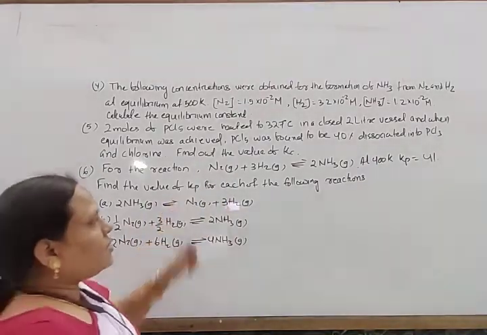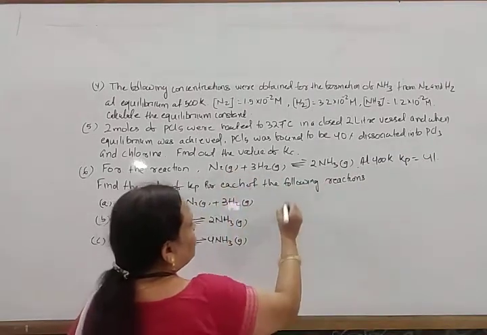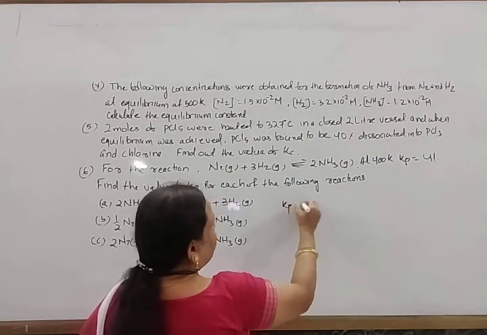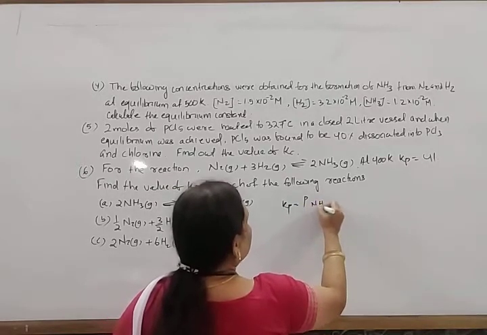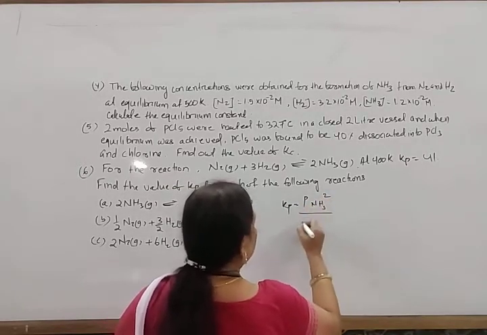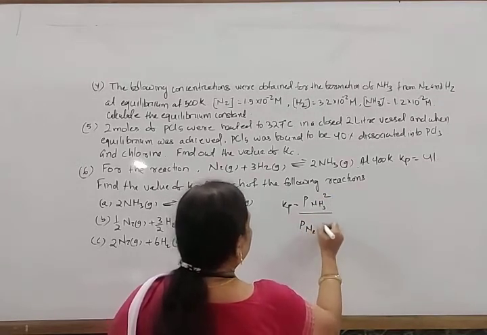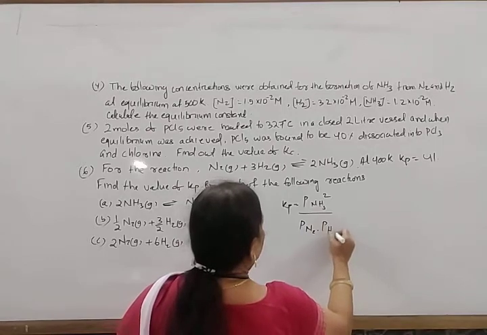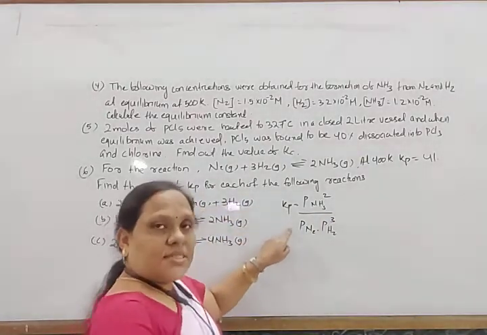For N2 plus 3H2 giving 2NH3, Kp is equal to the partial pressure of NH3 squared divided by the partial pressure of N2 and the partial pressure of H2 to the power 3. So this value is given.